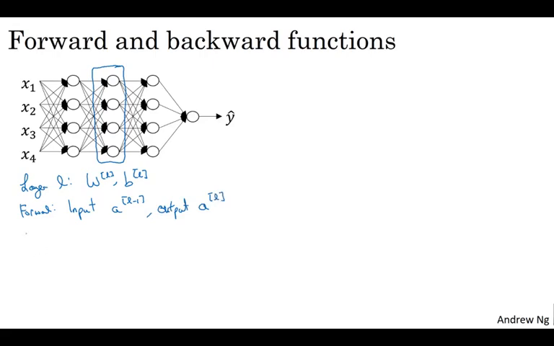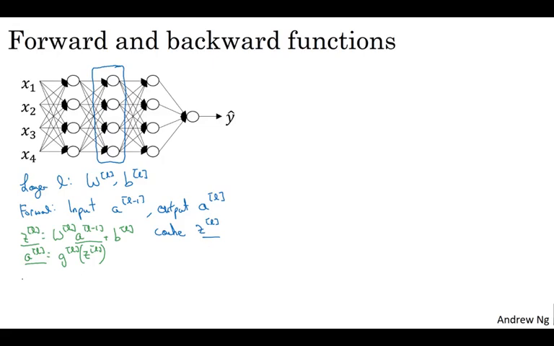So the way we did this previously was you compute ZL equals WL times AL-1 plus BL, and then AL equals G of ZL, right? So that's how you go from the input AL-1 to the output AL. And it turns out that for later use, it'll be useful to also cache the value ZL. So let me include this cache as well, because storing the value ZL will be useful for the back propagation step later.